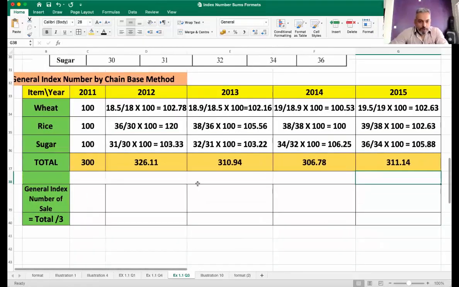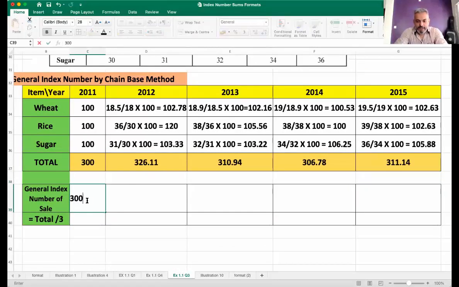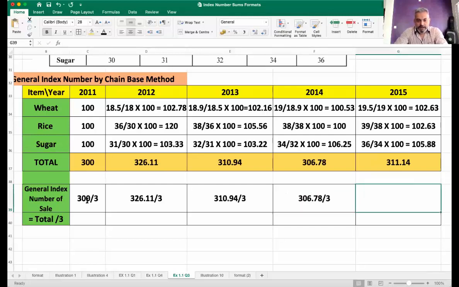Now we already have the total. So for the general index number of sale, 300 divided by 3, 326.11 divided by 3, 310.94 divided by 3, 306.78 divided by 3, and 311.14 divided by 3.